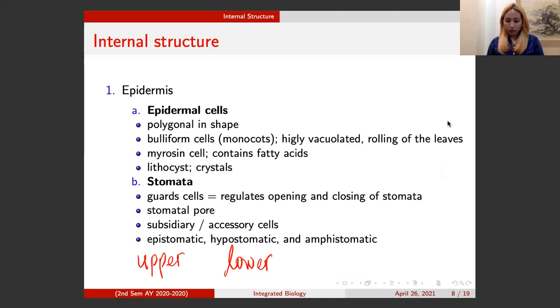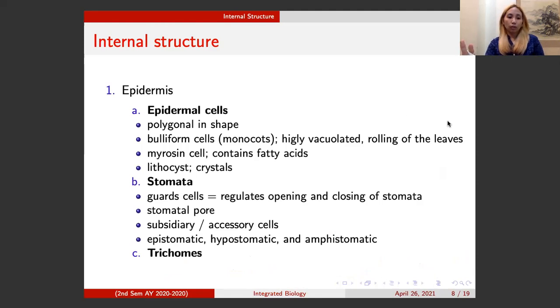And amphistomatic, you will find both in upper and lower parts of the leaf. Those are ways to define or describe your leaves in terms of the area where the stomates are present. And then of course you have trichomes, and we have different types of trichomes.